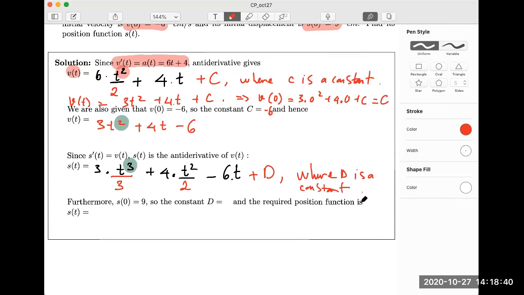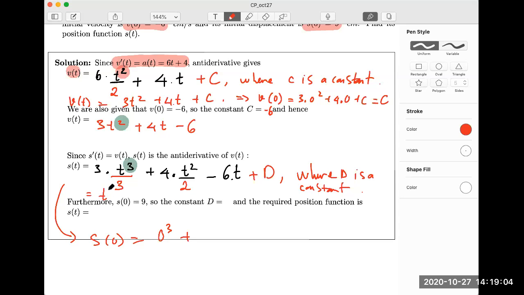Again, the initial position S of 0 is 9. And from this formula, S of 0 will be, 3 and 3 cancel, it would be 0 cubed plus, or let us simplify it here first.